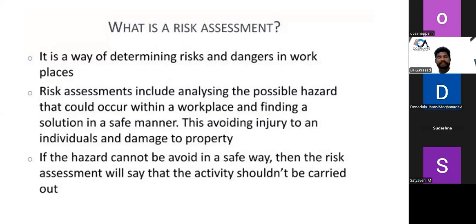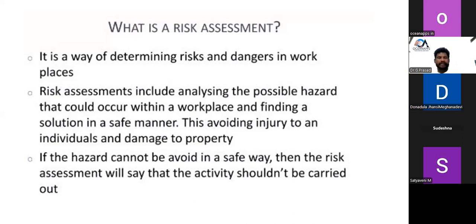By these risk assessments within a workplace we find out the solution, because if anything has happened or dangerous situations or conditions are going to occur, then we have to do a risk assessment.